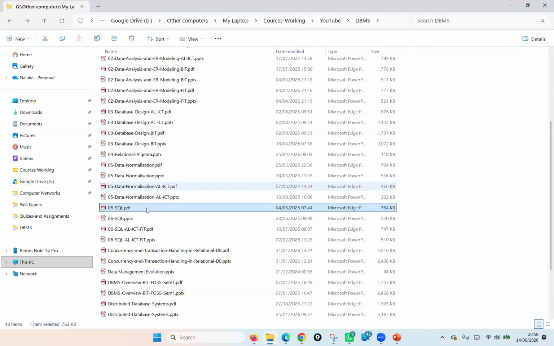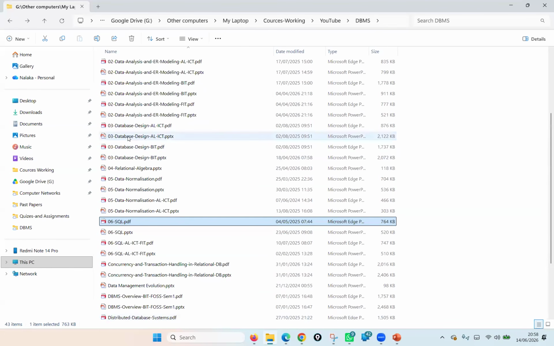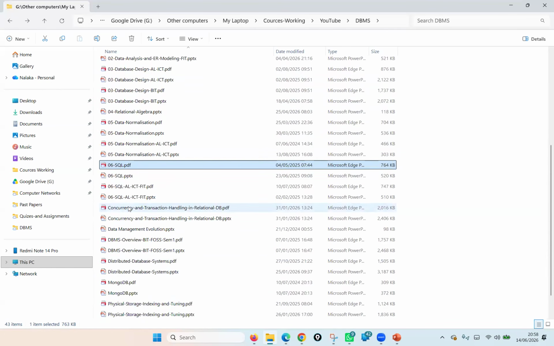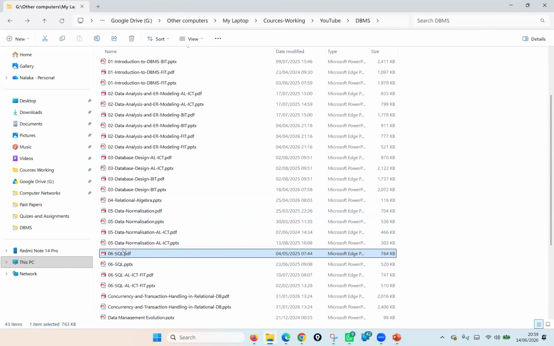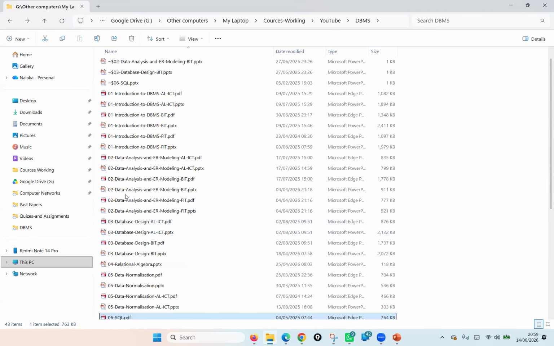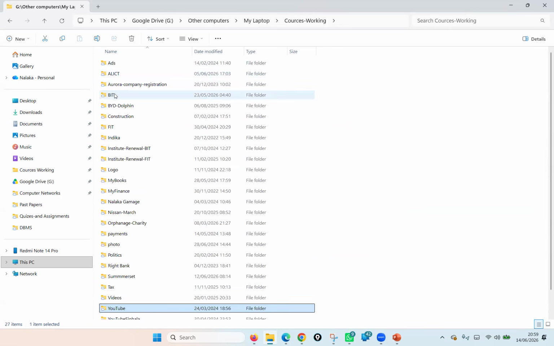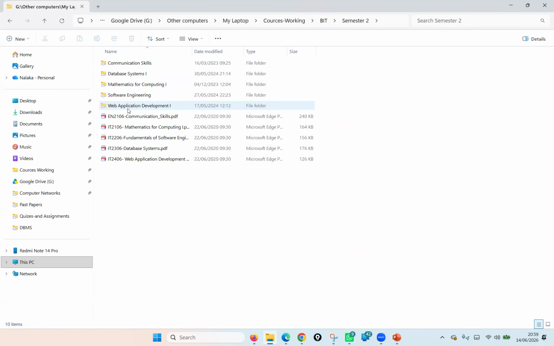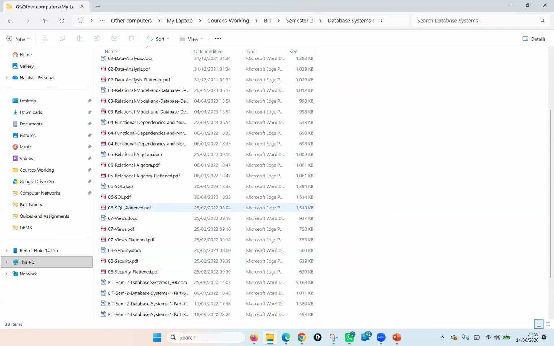That is security, right? Data normalization. Right. Security.